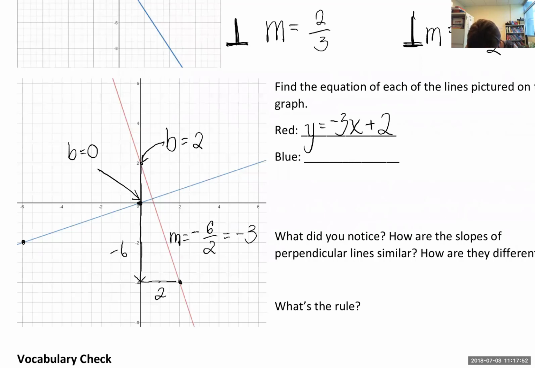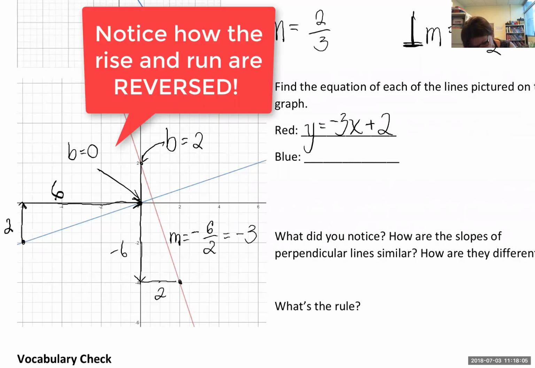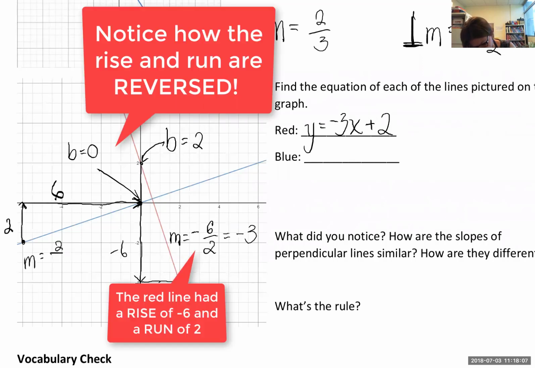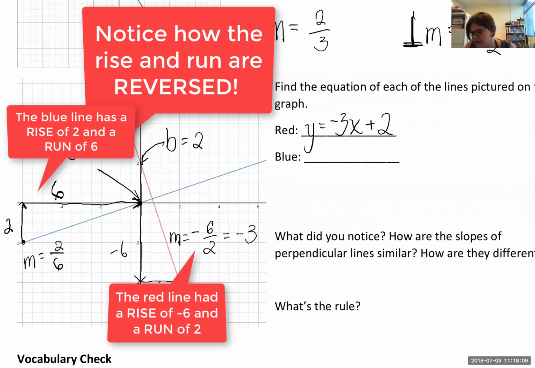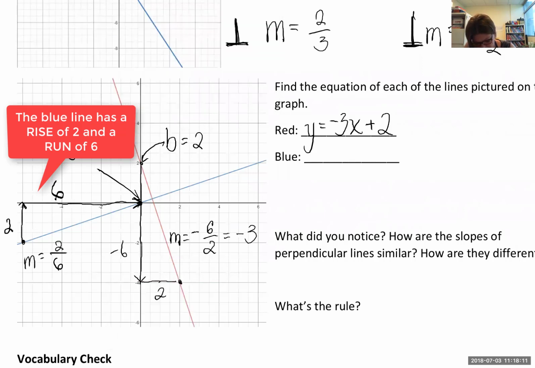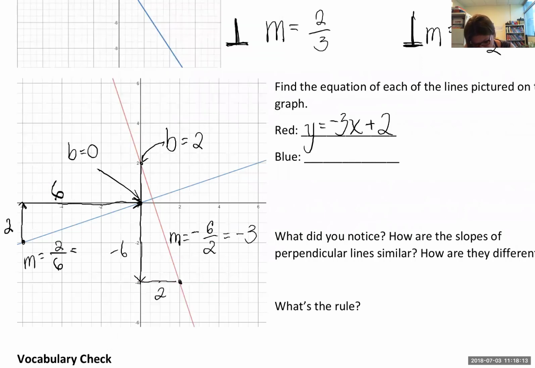So let's see, we went up 1, 2, up 2, and I ran 2, 4, 6 over 6. So this guy has a slope of positive 2 over 6. Now 2 and 6 are both divisible by 2, so this thing will reduce. It reduces to 1/3. Again, you can reduce in your TI-30XS if you would rather.